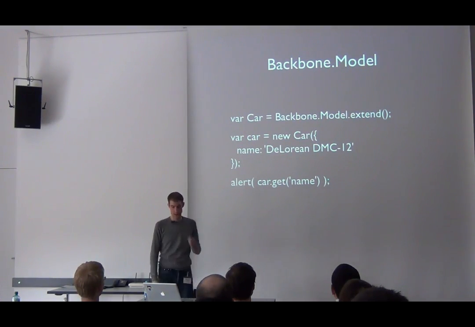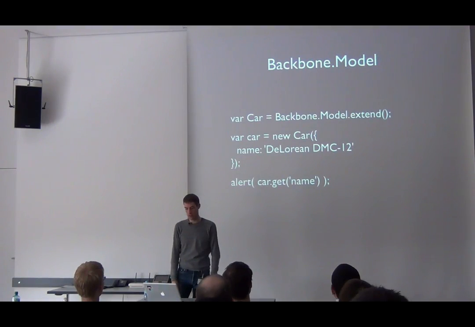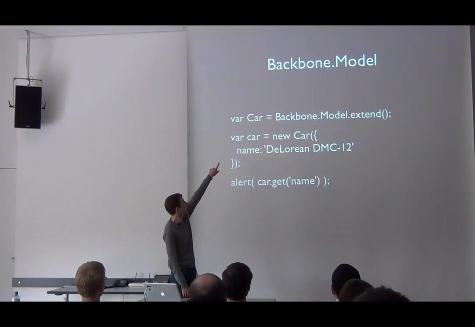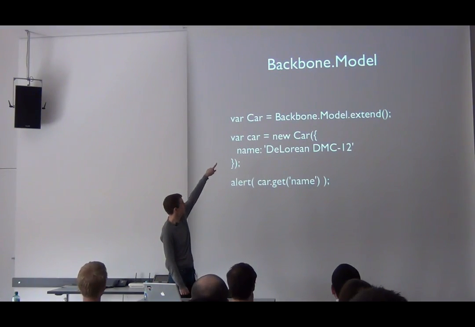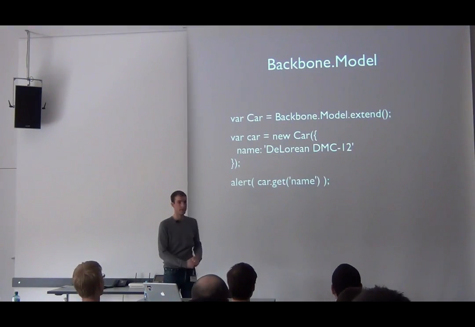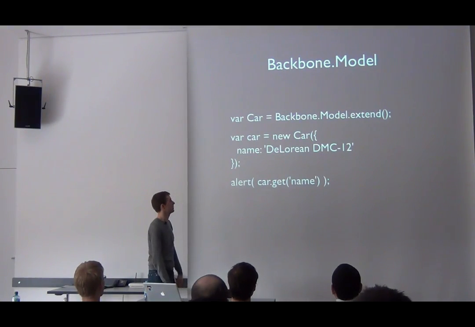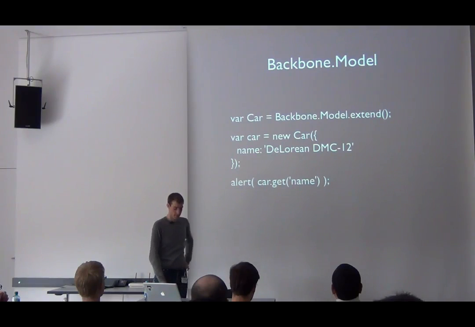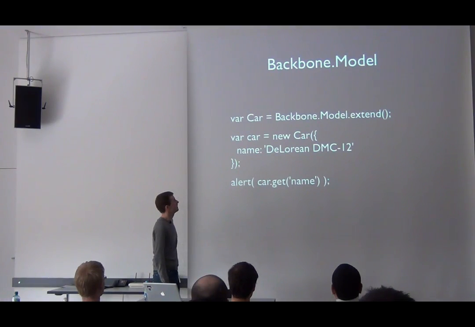We just take the normal model methods and properties. So we have a Car class created, and in the second line we create an instance of this class using the standard new operator from JavaScript. Car is basically a constructor method.